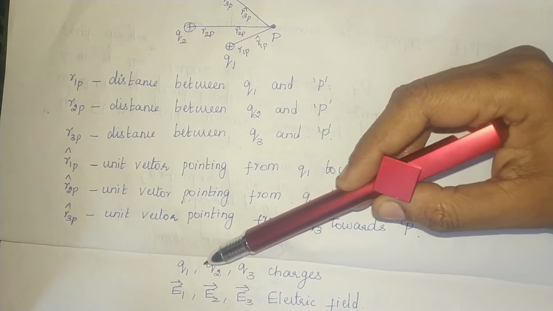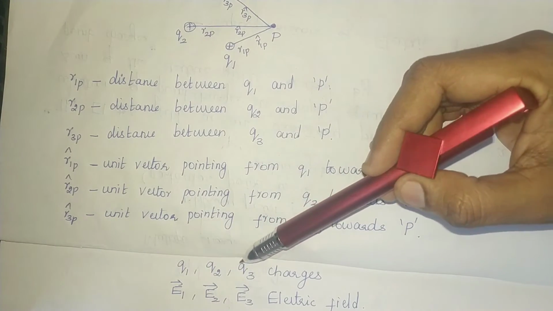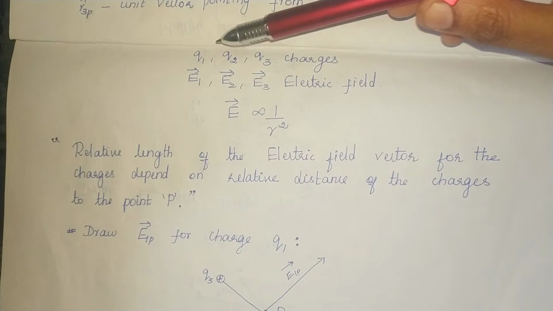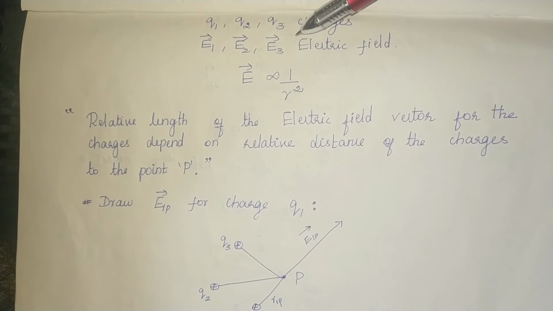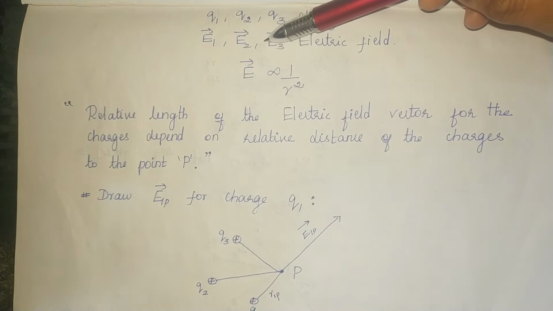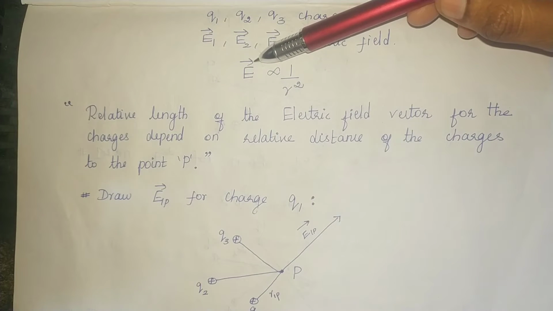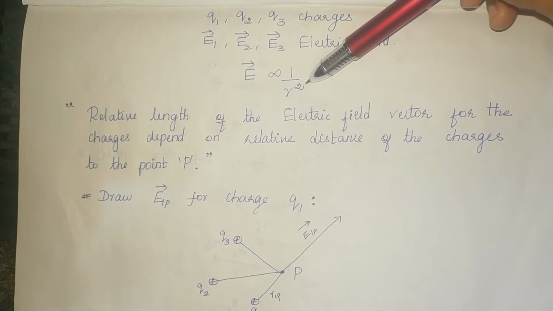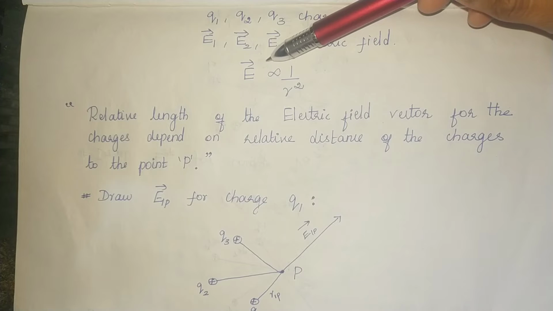Okay, now the charges Q1, Q2, Q3 will be creating the electric fields E1 vector, E2 vector, E3 vector, isn't it? And we all know the concept that the electric field E vector and the distance R are inversely proportional.